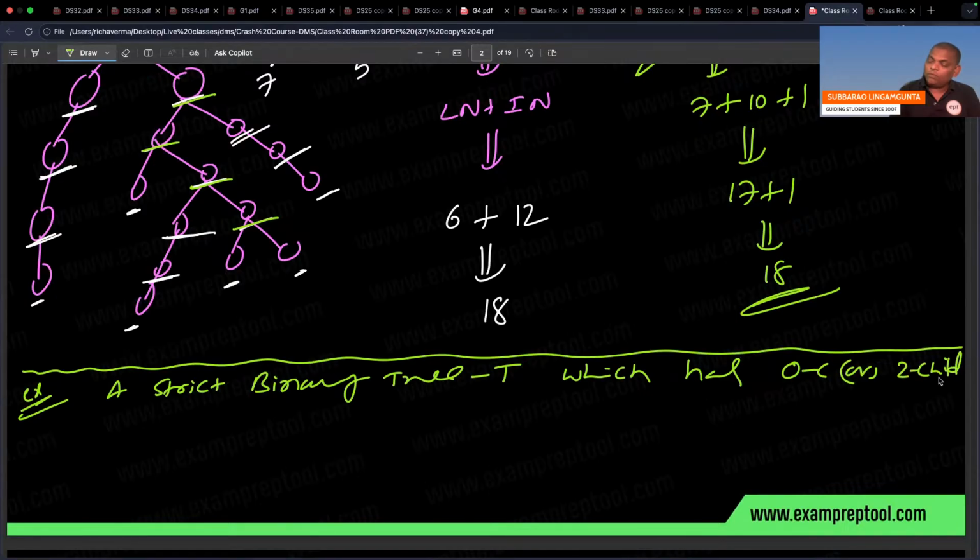Everyone knows a strict binary tree T has zero child or two child. Remember, normally binary tree means 0 or 1 or 2 children, but when we say strict binary tree, it is either zero child or two child. Be careful. A strict binary tree T, which has zero child or two child, has 200 leaf nodes.